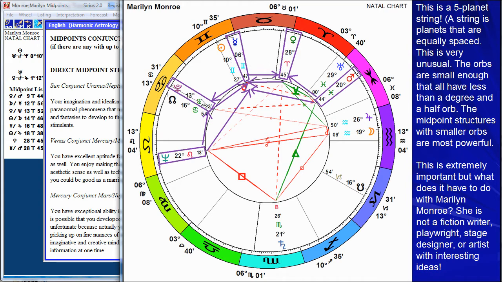Mercury at Venus, Pluto means again, literature. This beautiful thought is deep. The Pluto at Mercury, Neptune, it's highly imaginative and inspired. To me, it sounds like a poet. It sounds like a writer of literature and poetry. We expect a fiction writer, a playwright, a stage designer, an artist with very interesting ideas.